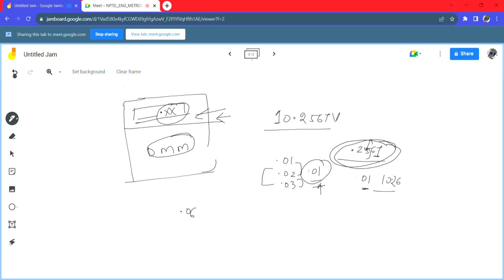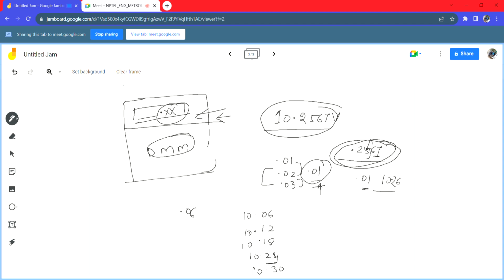Now, if 0.06 is the minimum resolution it gives us, or the minimum increment it can read, then after 10.06, it would read 10.12, and then it would read 10.18, and then it would go to 10.24, and after reading 10.24 it can read the value 10.30. So what happens to this value 2.567?